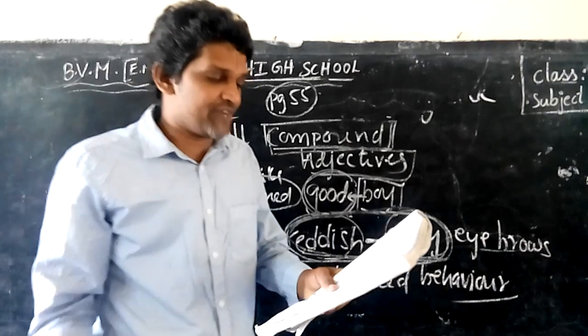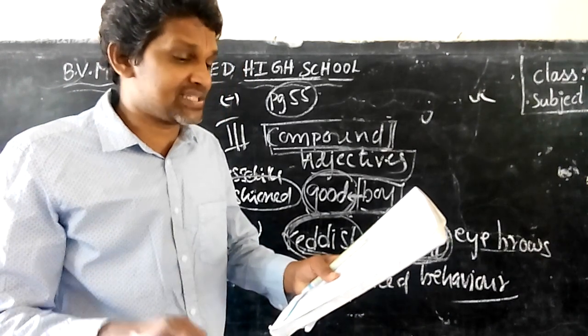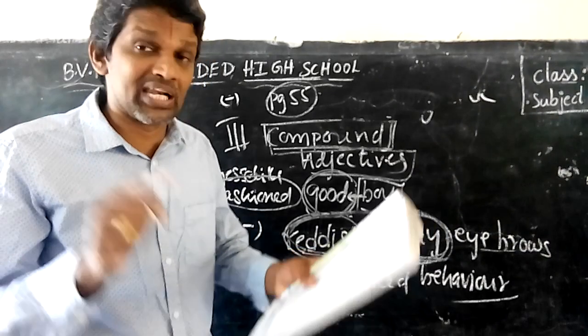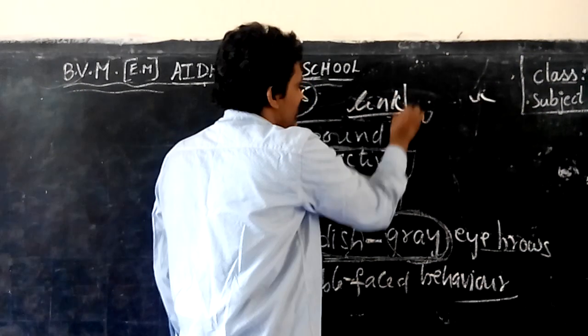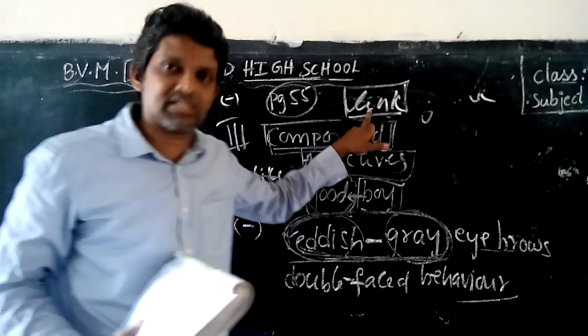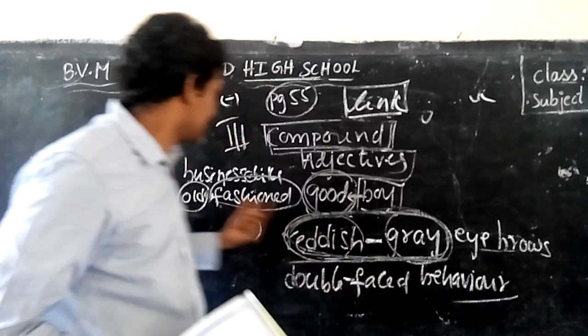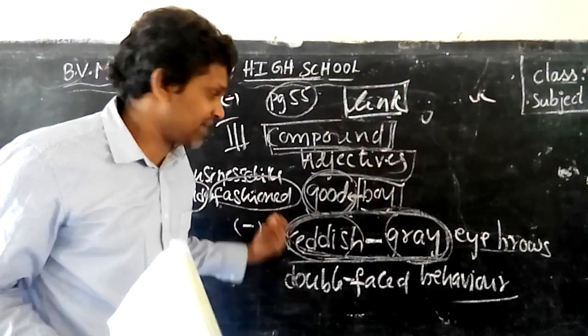Yes. So in a hyphened form, a compound adjective is an adjective that comprises more than one word. Hyphens are used to link the words. So why is the hyphen important? Because we are linking the words here. If you won't put that hyphen, that word will be a separate word. Old will be a separate word and fashion will be a separate word.